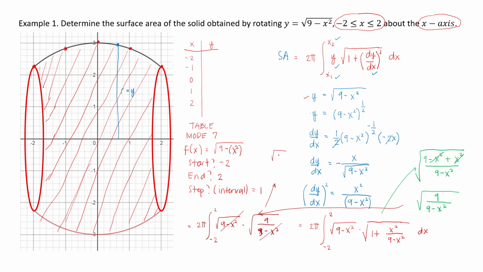Malapit na siya ma-cancel out. So what's left is just 2 pi from negative 2 to 2 and then square root of 9, di ba? So square root of 9 is just 3, 3 dx. So mas dali ang answer, di ba? Compared sa other variable. So again, pwede pud ang taas, but it will take some time.